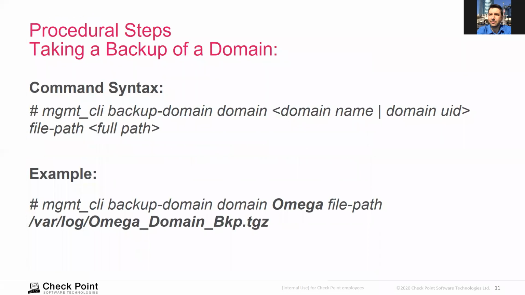So I'm going to go over the procedural steps. It's an easy command to back up. You can just run this command. You're going to be prompted to enter the username and password of the administrator in the MDS, and you specify the domain and the name of the file.